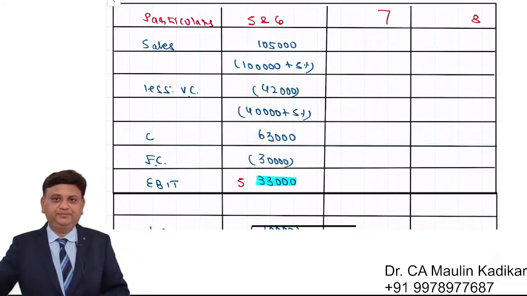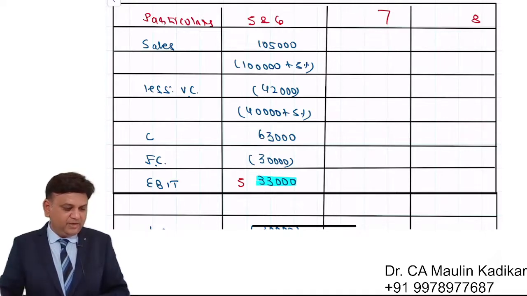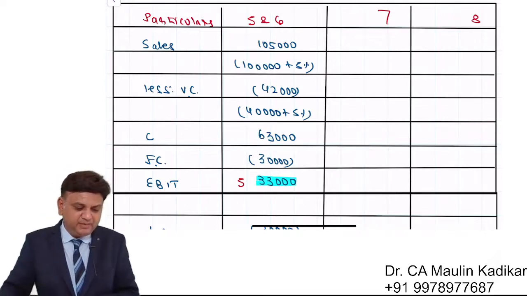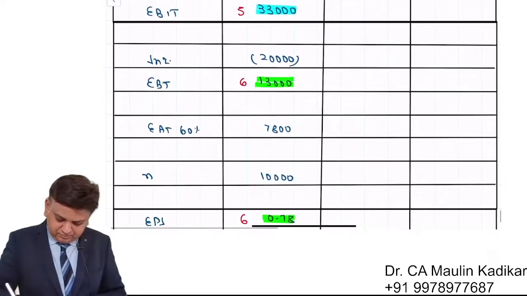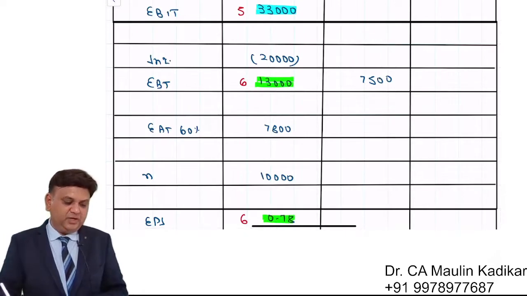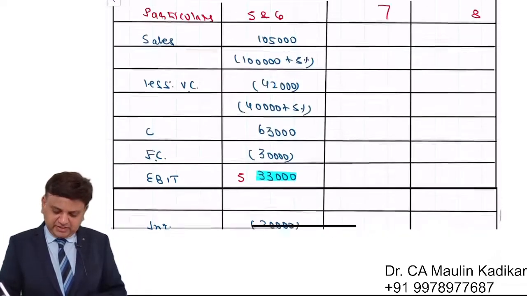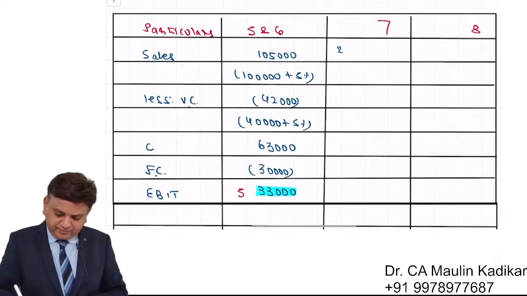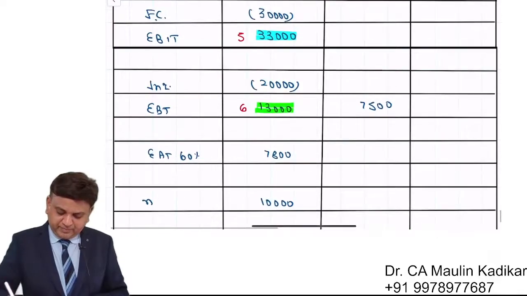Question number 7. Next question. If the company wants to keep a minimum EBT of 7,500, calculate the maximum affordable decrease in the sales and the value of sales at that time. So this is required to be found. Amount of interest is 20,000.